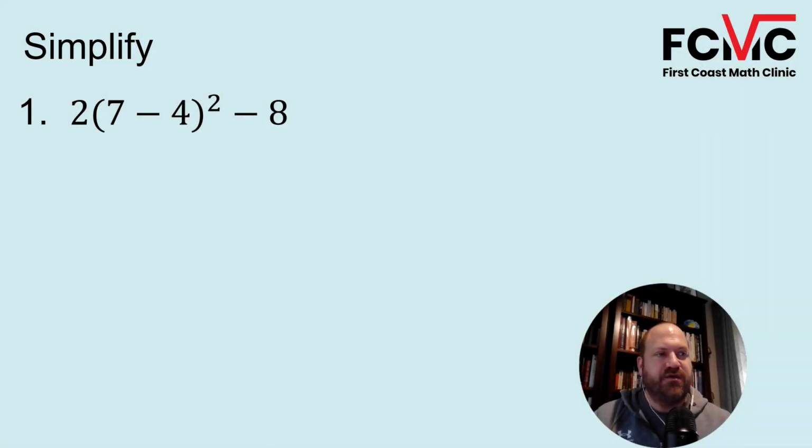Let's get into it. Example number one is 2 times the quantity 7 minus 4 to the second power minus 8. Before we start working on this, let's review what our order of operations are and the steps we're going to perform them in. First, whatever is in parentheses.